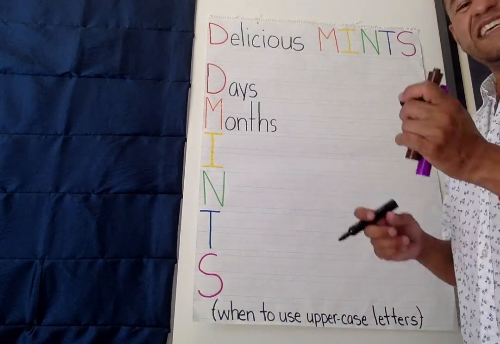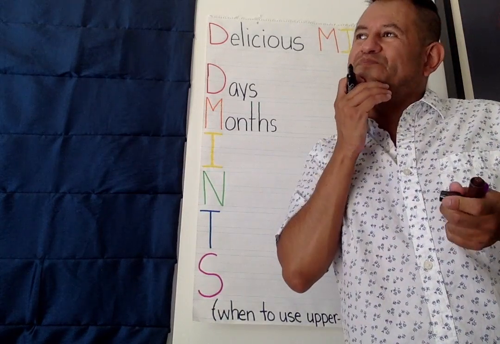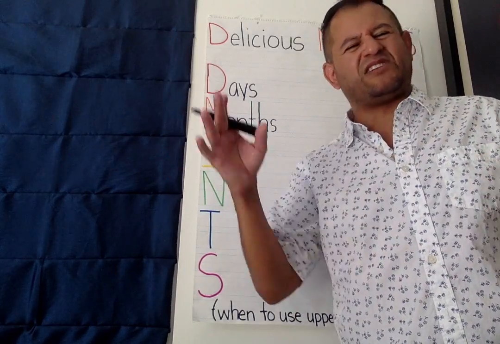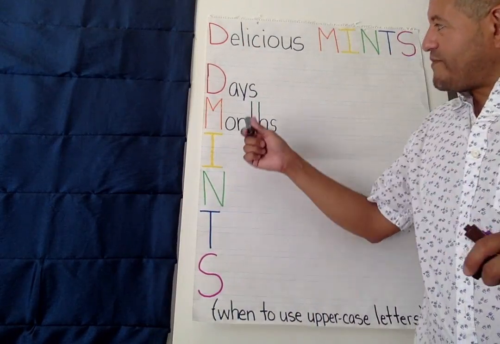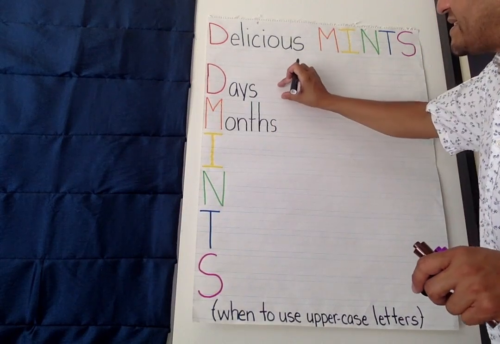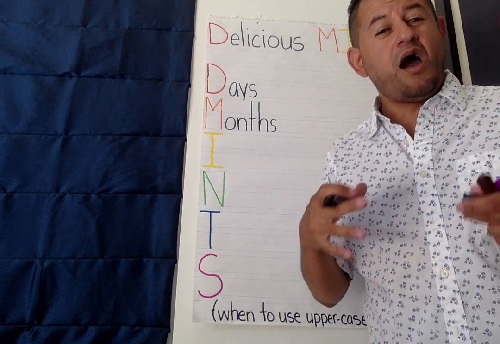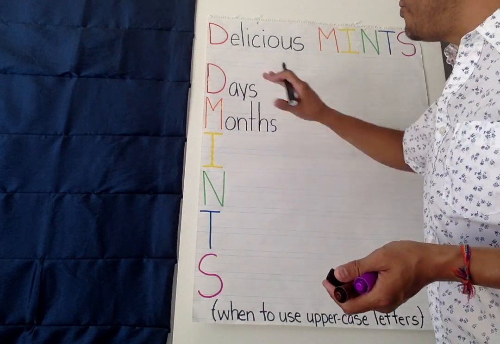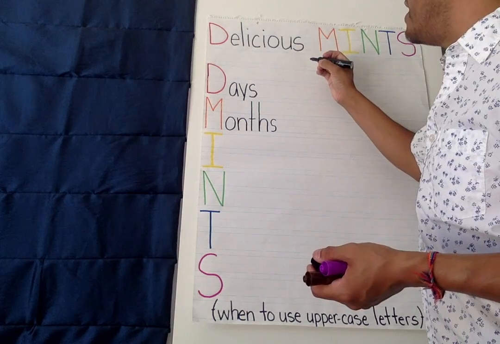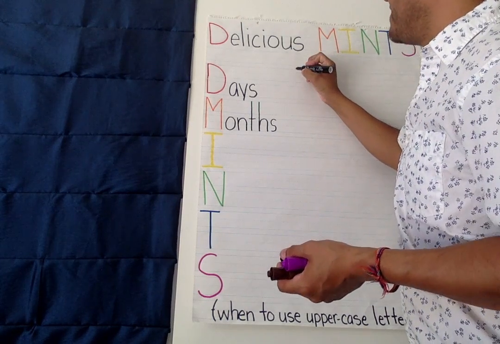Okay? See, I was even getting myself caught up, and I said, you know what? I could make this a big problem and start the video all over again, but I said, I'm going to just try again. Okay, so days of the week and our months of the year. And I'm leaving this space here because I'm going to show you an example of how we can show our changes. Actually, let's do one day. So let's do the day of Tuesday.